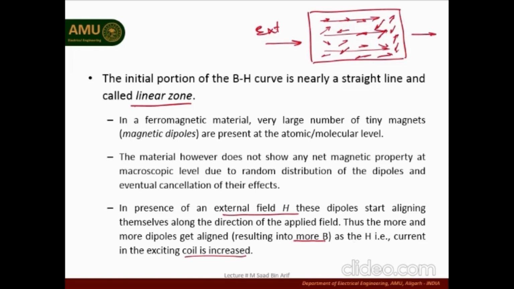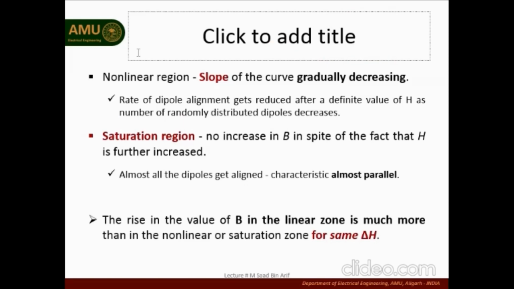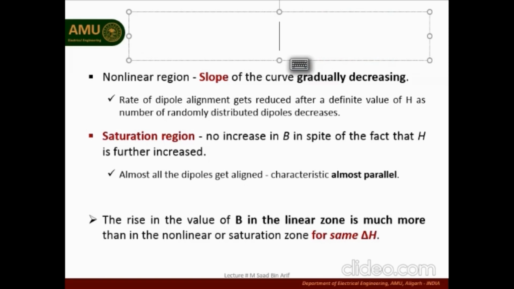Now, in case of the non-linear region, what is happening? In the non-linear region, you will find that the slope of the curve is gradually decreasing. After the linear region, the curve gradually starts deviating from the straight line.